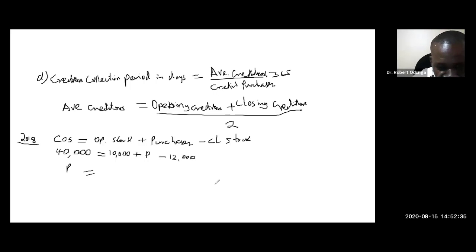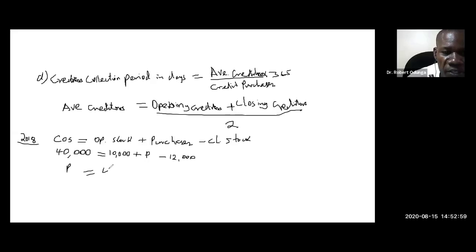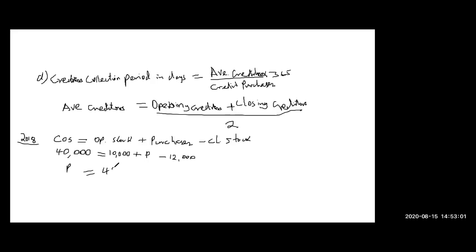How did you get that? By deducting from the cost of goods sold and adding the closing balance. Simple calculation: 40,000 minus 10,000 plus 12,000. So P is equal to 42,000.